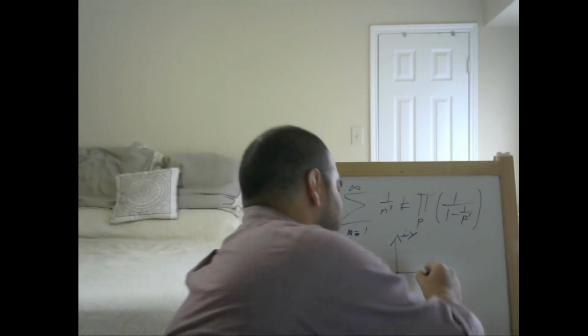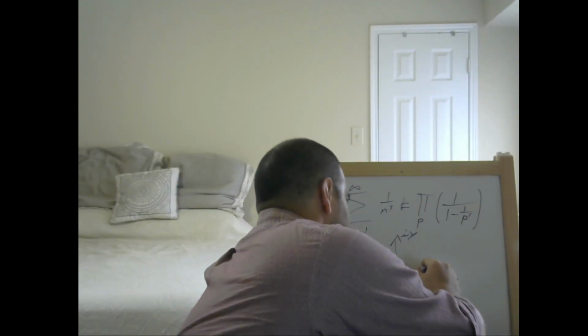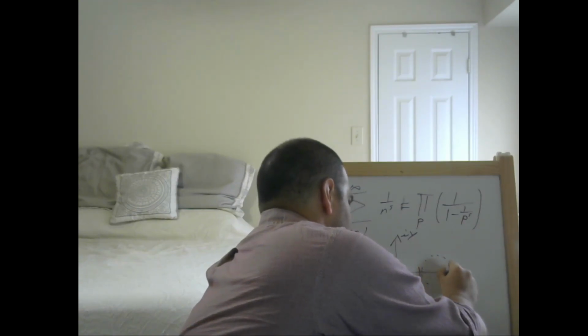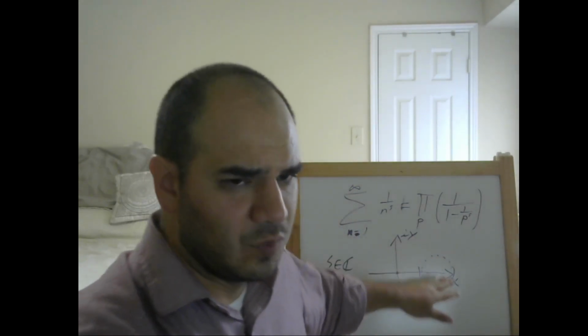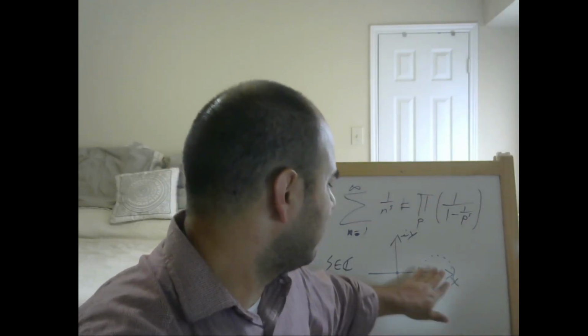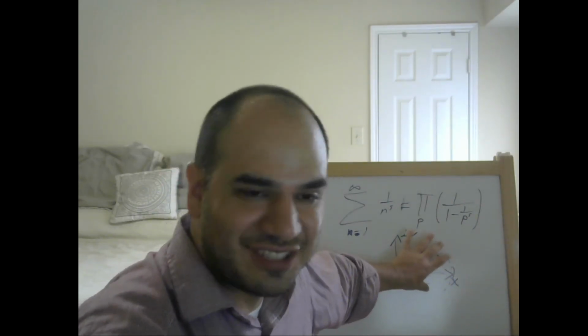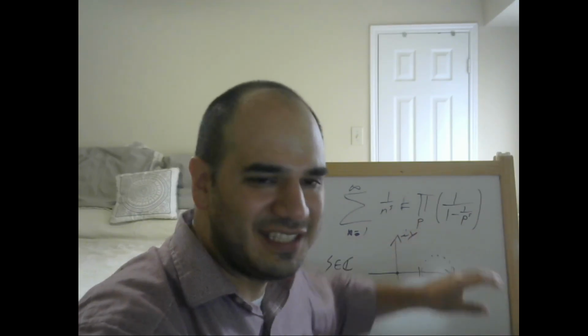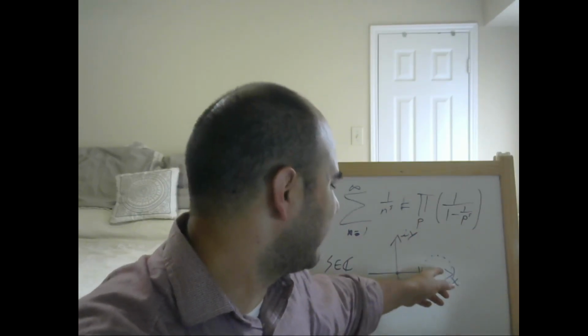Then there's some region where the function is defined. And then we look around that region, usually starting at the border, right? And then you just sort of poke it in that direction.